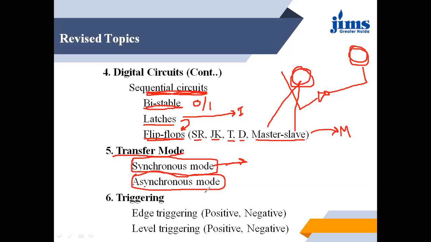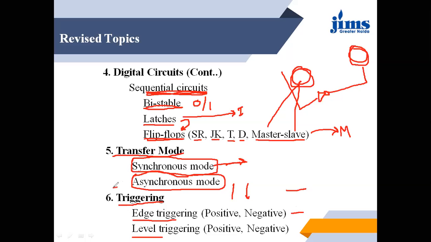meaning all the flip-flops do not change the values at the same time. Then we discuss triggering, that there are two types of triggering: edge triggering and level triggering. That means the value of the clock pulse changes from positive to negative, or negative to positive, or it works at a level, that is at high level or at low level.